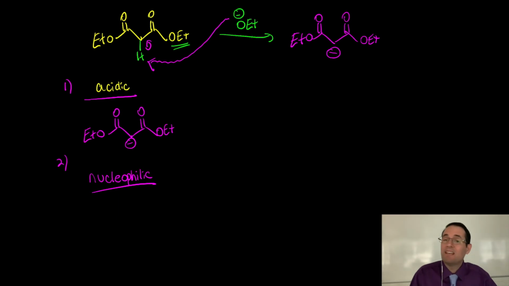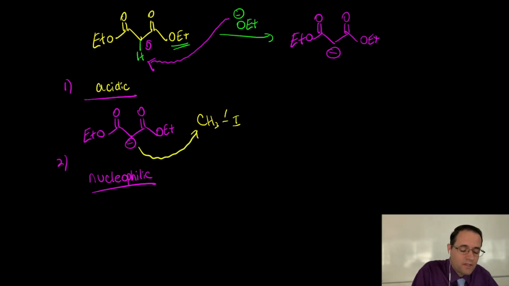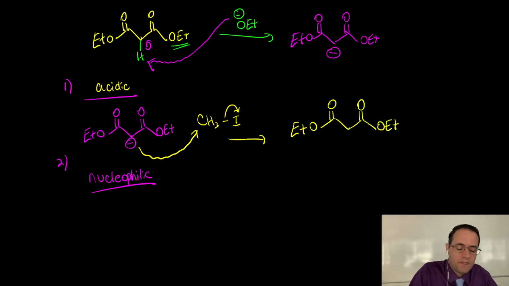Let's use methyl iodide here as a suitable alkyl halide. This can attack a methyl group to give you, after reaction, diethyl malonate that now has an introduced methyl group there.